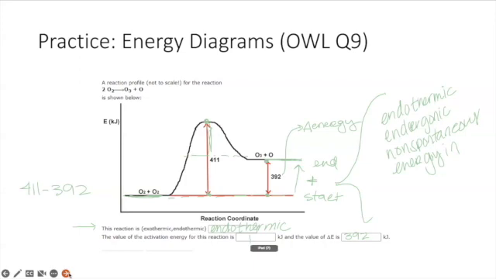That ends up being 19. Even if this were an exothermic reaction, you could still solve for the activation energy the same way.